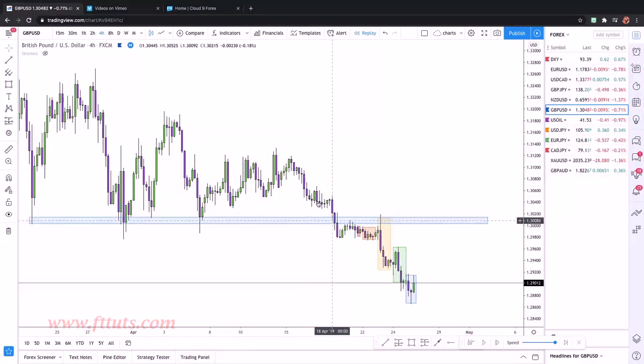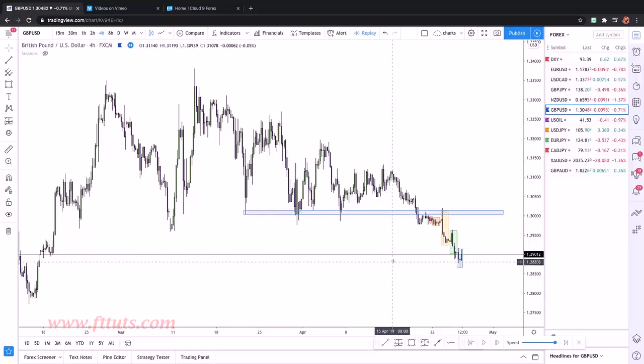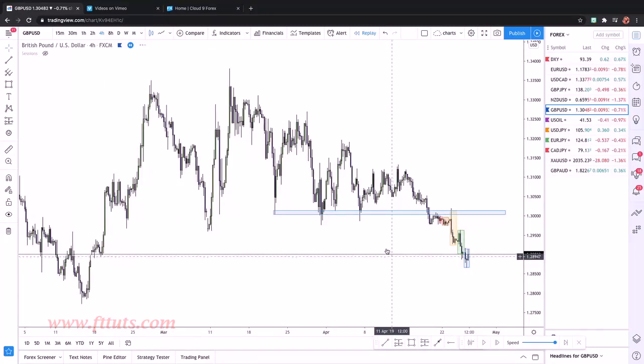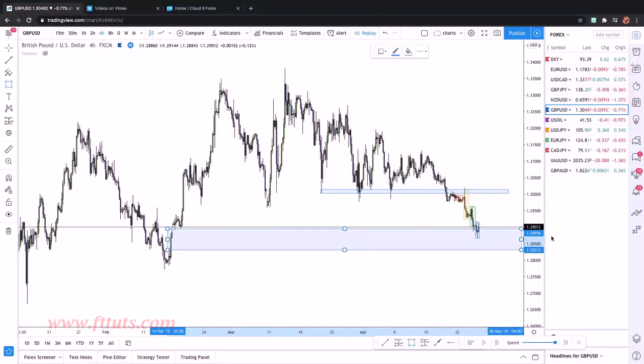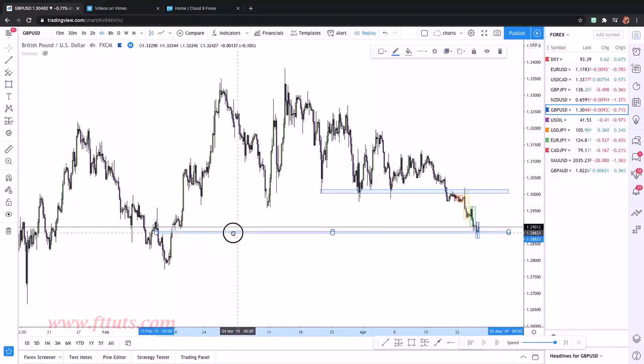Structure broke, tested, then wicked here, then completely dropped. If we look to the left, we can see that price respected this area right here. It filled this gap area. So we can highlight this move, and it respected that.